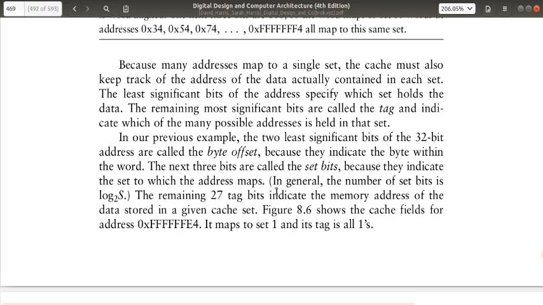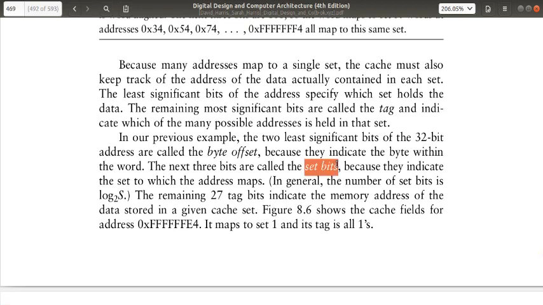Okay, now these 3 bits that we considered here, which match the set number and the last 3 bits of the word address, or 3 bits before the last 2 bits in the byte addressed main memory, are called set bits.